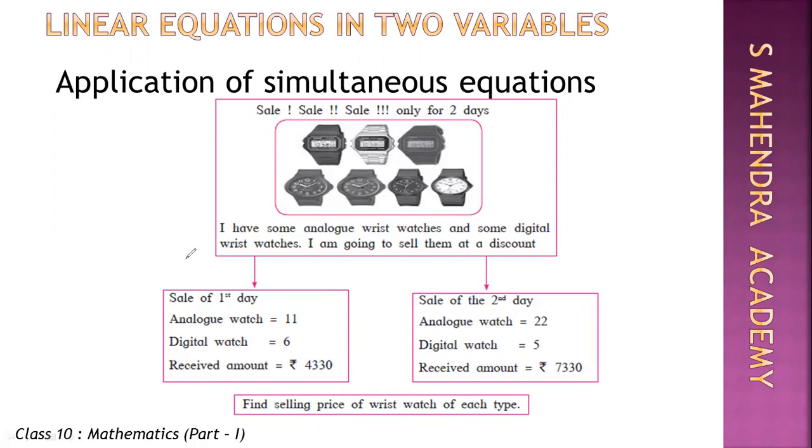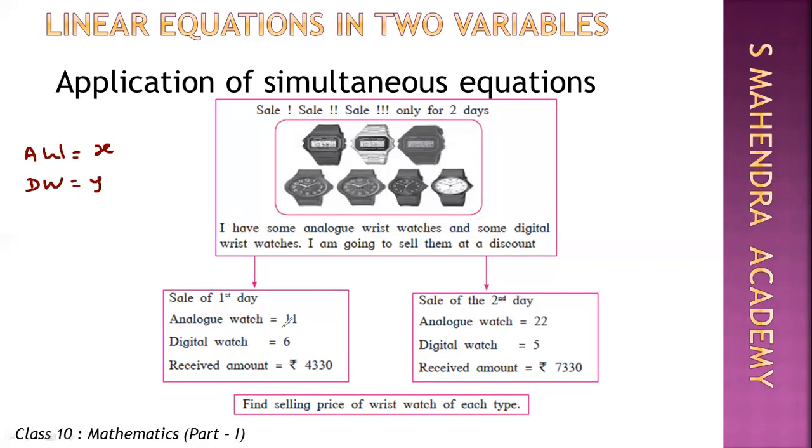So we have to assume the selling price of analog watch and the selling price of digital watch. So we will assume selling price of analog watch as X rupees and selling price of digital watch as Y rupees.